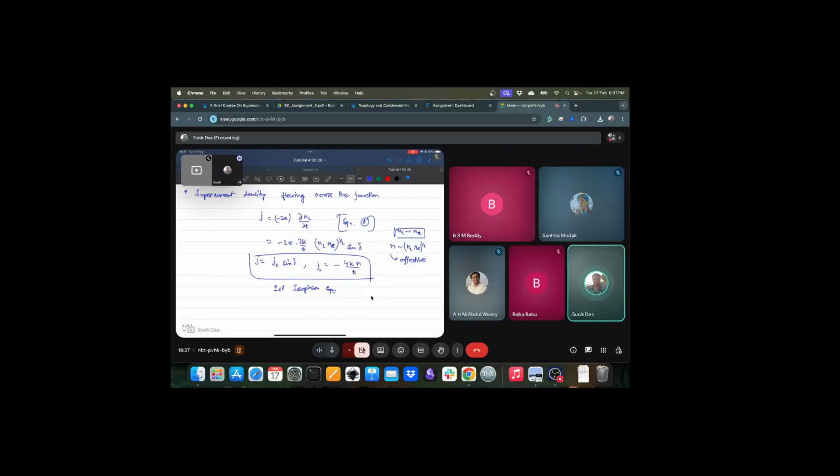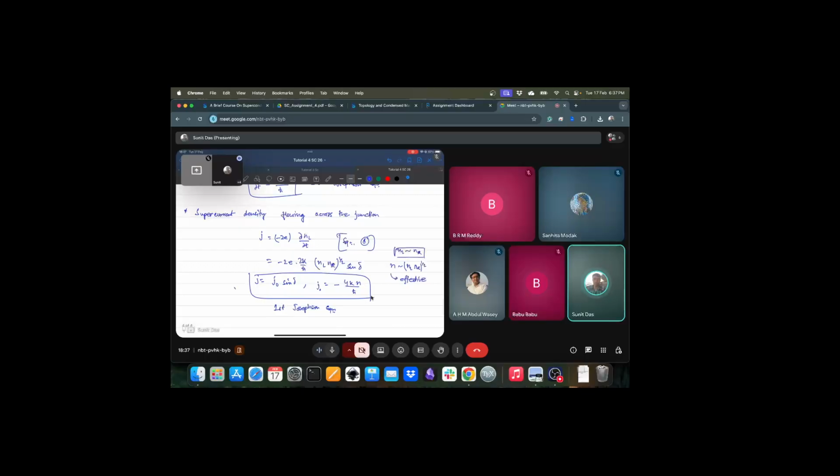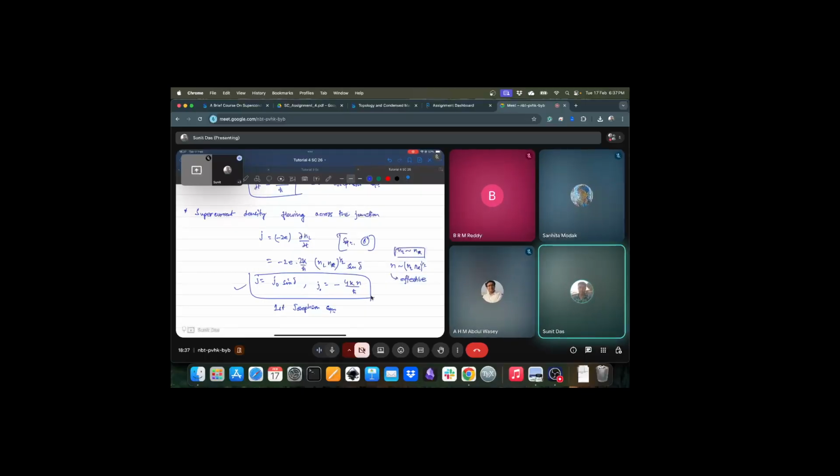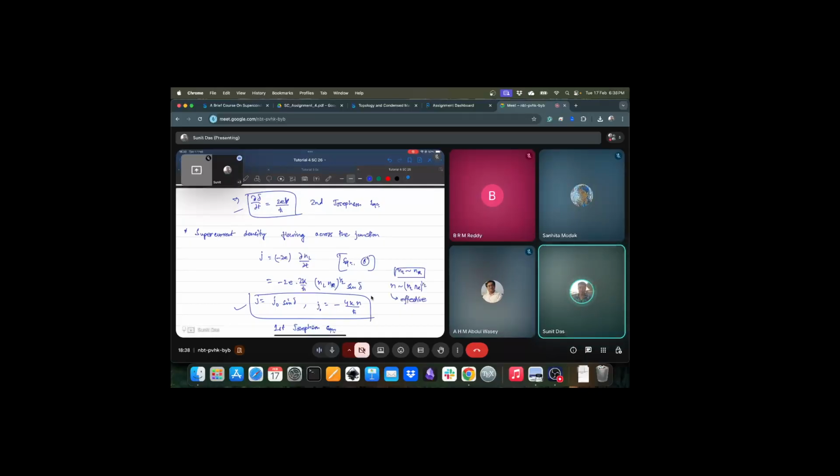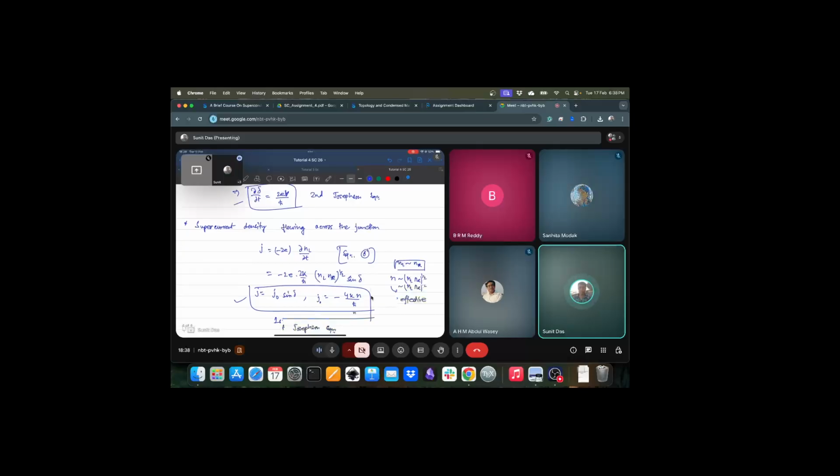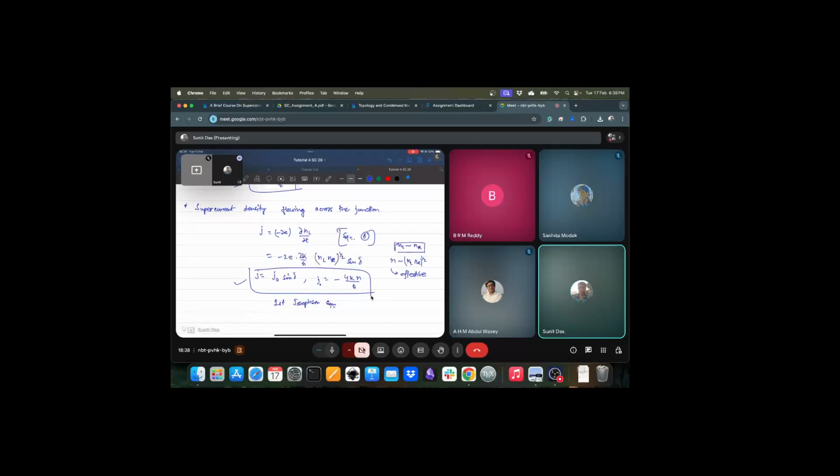Okay, so we wanted to calculate the current across the junction. Both the current and the phase difference between the two superconducting regions are associated with each other. The phase difference is associated with the applied voltage, as you can see from here. But then the current is again dependent on the phase difference that you create.